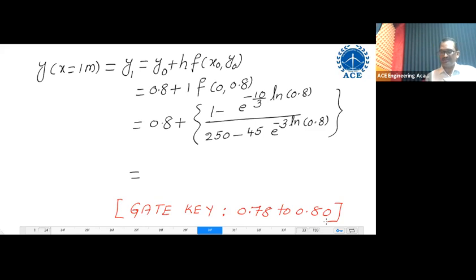Any answer between these two will be the right answer. 0.793, fine. In the exam, any number you write between these two, full marks will be given.